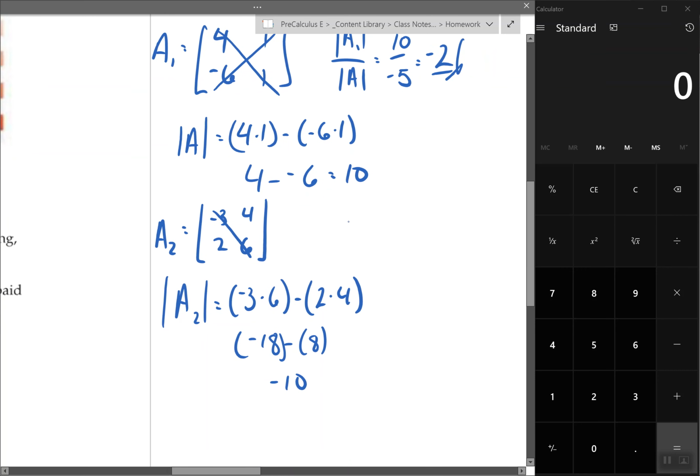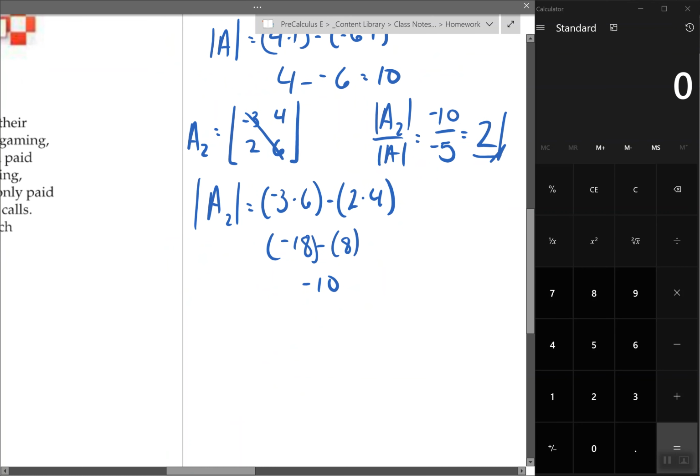And just like before, we take that and divide it by the original determinant. And we get 2. So x is equal to the first solution we found, which was -2, and y is equal to that second solution we found, which was +2.